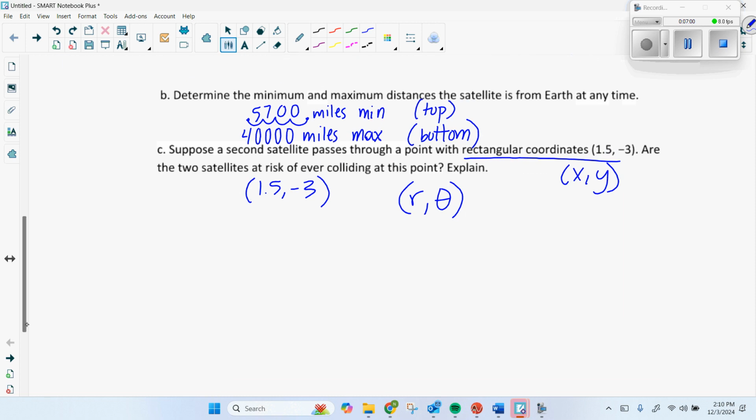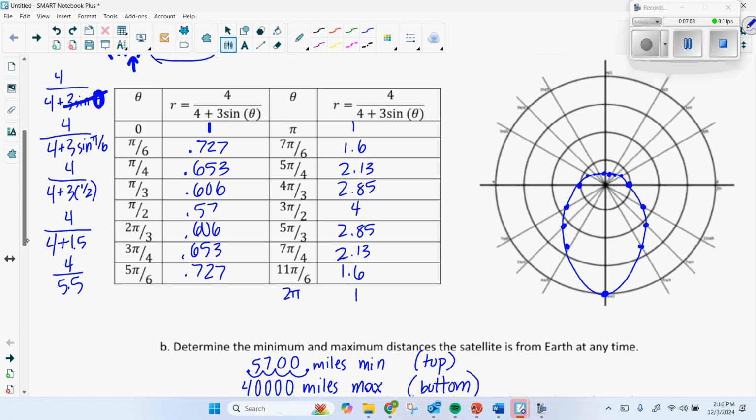For the moment, I can go up here and perhaps approximate the point. I'm going to do it in red. So 1.5 would be here, because that would be right in the middle of those 2. And then -3 would be here. All right, so this point right here. And so it appears on the graph that these do not actually ever collide. Today's lesson is going to help you with converting, and you could actually find the exact point. And we'll come back to this at the end.